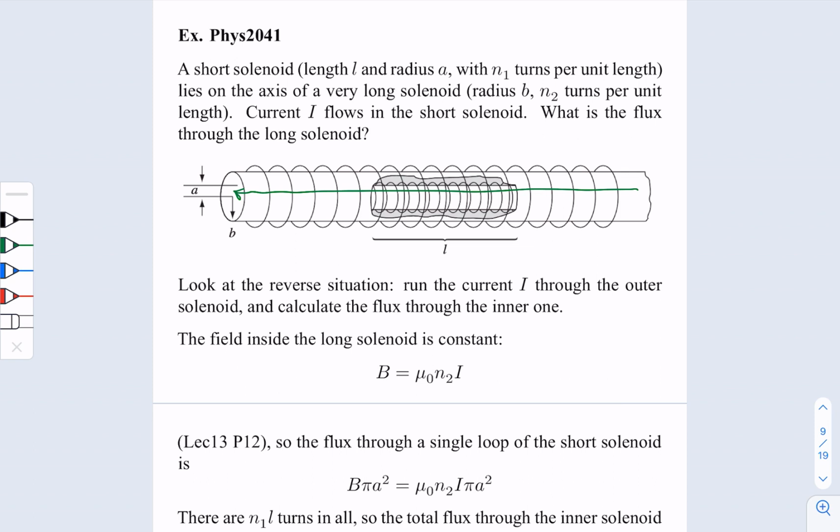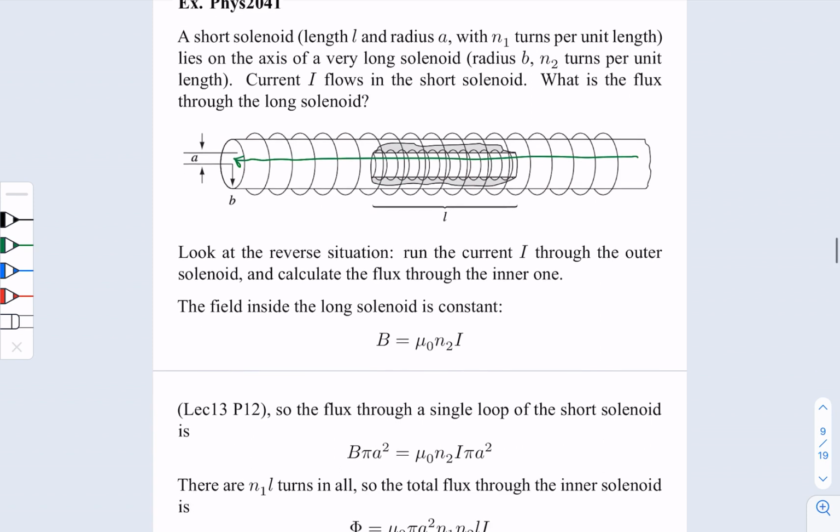Then the B field produced by this long solenoid is extremely simple. It's simply proportional to the current and the number of turns per unit length. And you can also double check the results in lecture 13.